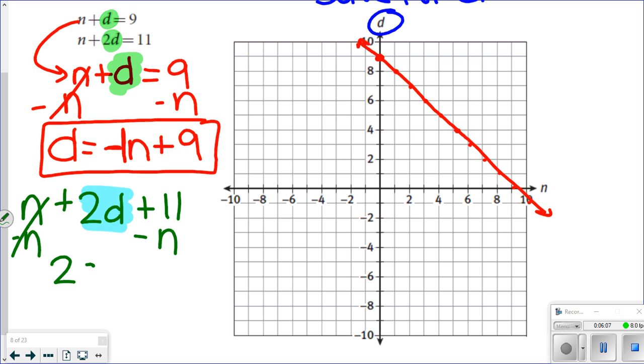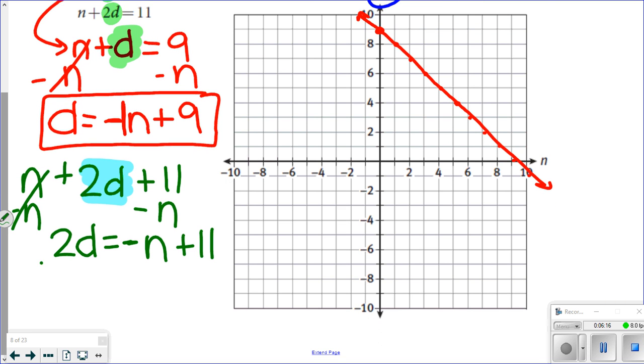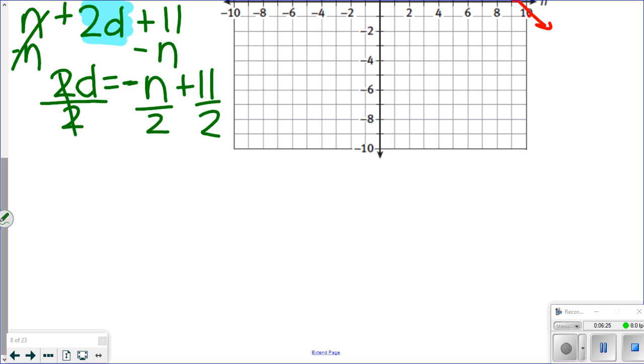So 2d equals negative, don't lose the negative, n plus 11. Divide everything by 2. Ooh, this doesn't look very good. So d equals negative, I can't just say negative 2n, which some of you are trying to write. There's a 1 here, so negative 1/2 n plus 11 over 2.